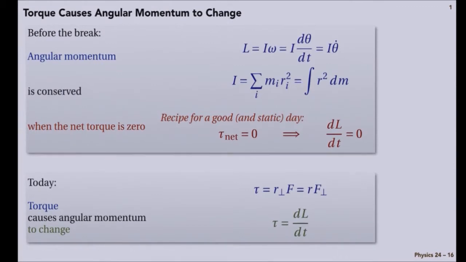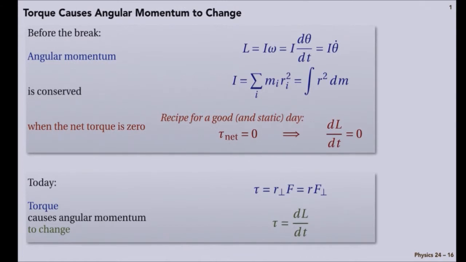And so today we get to move on and worry about, well, what happens if all the torques don't sum to zero? How does that change the angular momentum? And so let me remind you, torque was the product of the perpendicular distance from an axis to the point of application of a force, that's this r perpendicular, multiplying the force.